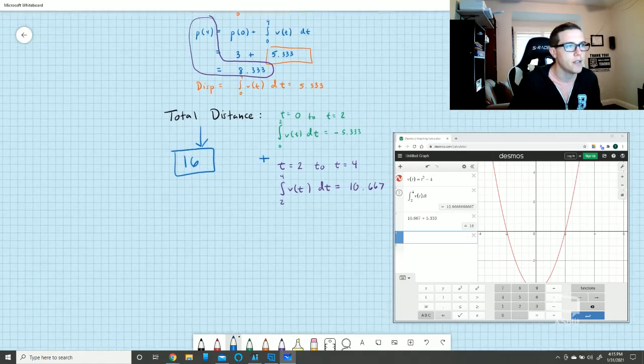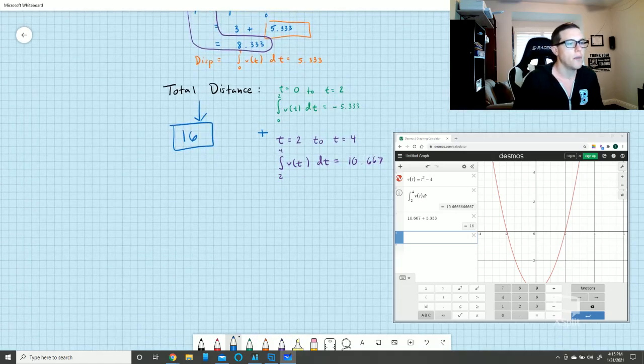Yes, there is. There's a much better calculation for finding total distance, and it works like this. If I want to find the total distance from 0 to 4, I can do it all in one move by doing one very simple thing.